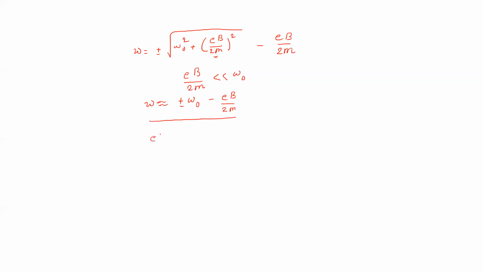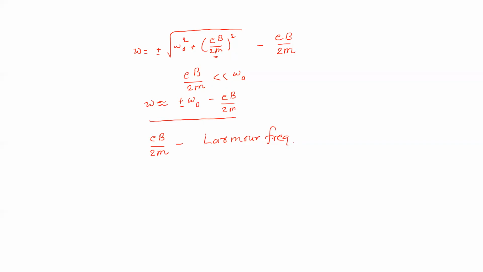And this frequency eB divided by 2m is called the Larmor frequency. And this shows that the electrons with orbital moments which are parallel to the field are slowed down, whereas the electrons with orbital moments which are anti-parallel are speeded up.